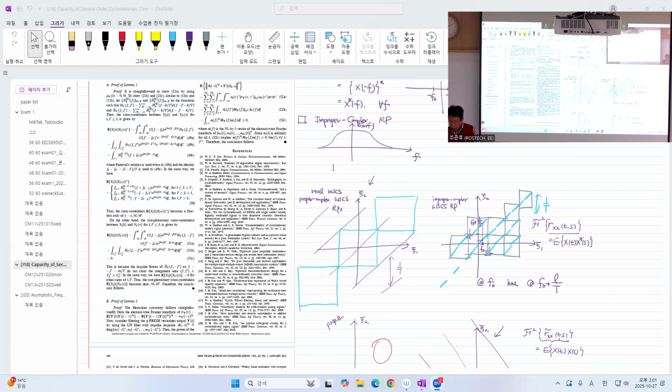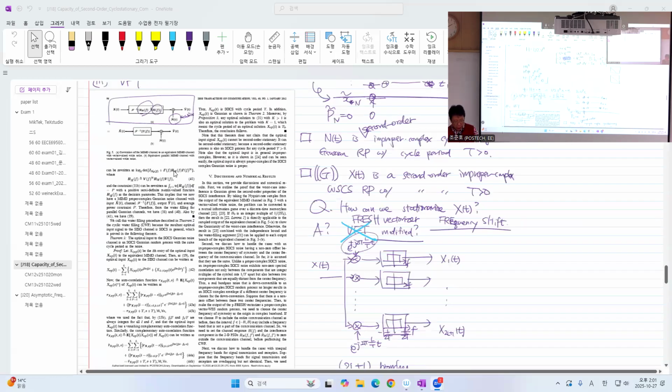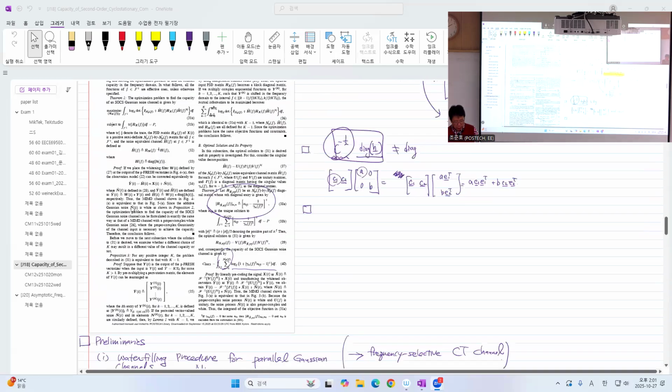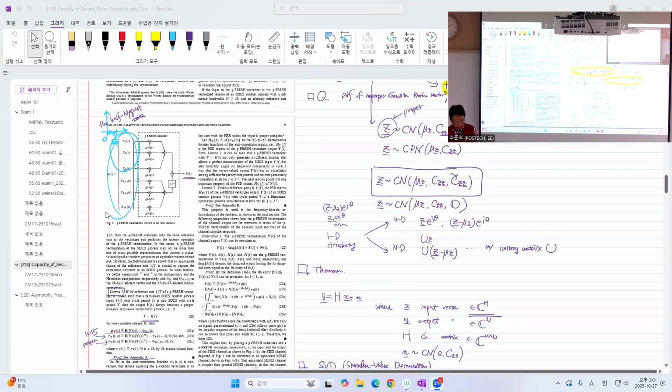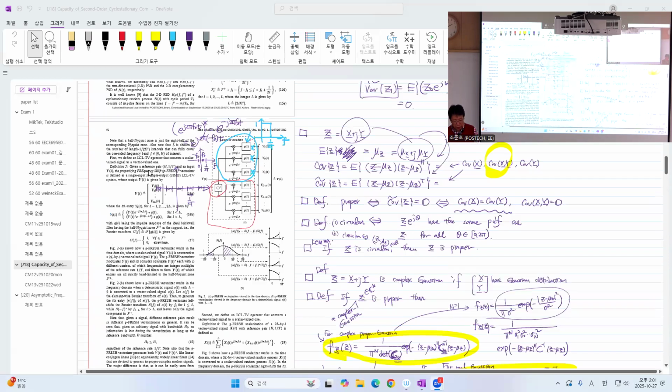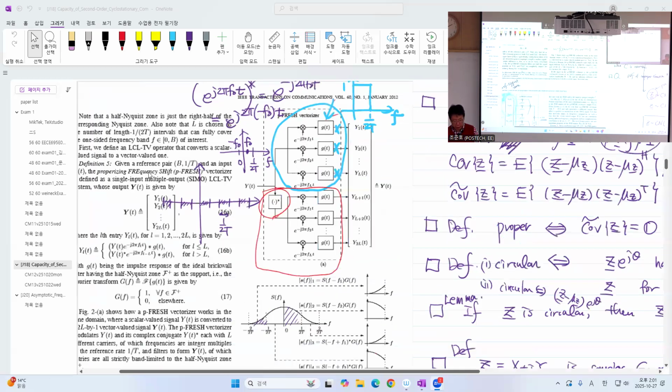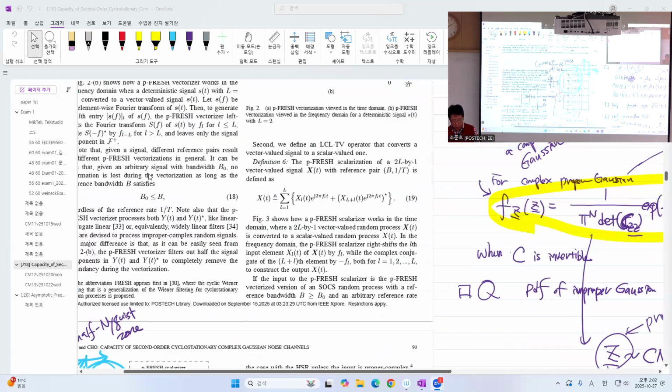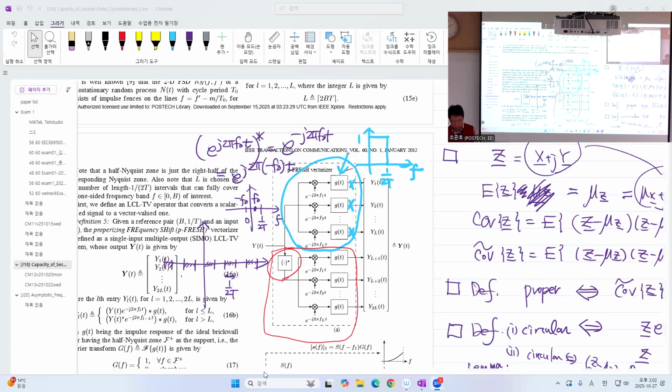So let's start with that point. We had the properizing fresh vectorizer and scalarizer looked like this one and that one. So let's take a look at this structure again.